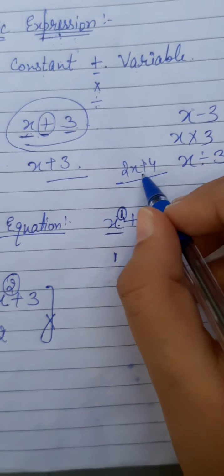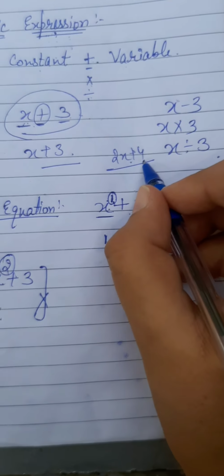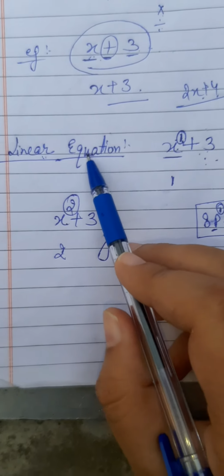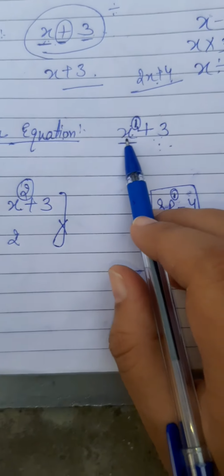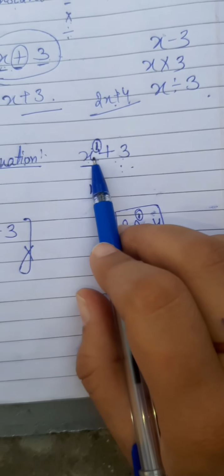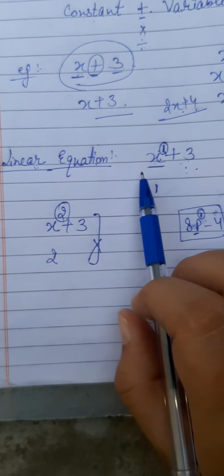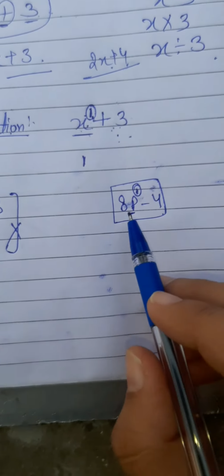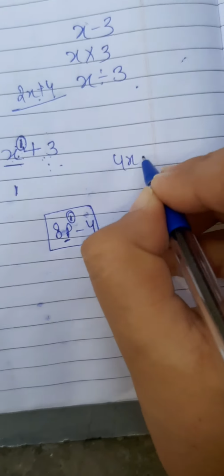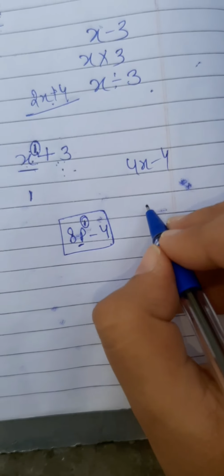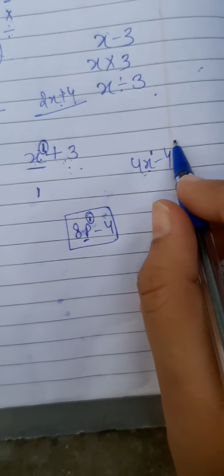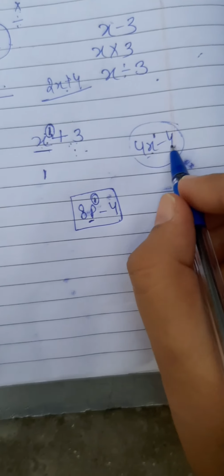These are algebraic expressions. Next definition is linear equation. When the degree of the equation is 1, we call it a linear equation. You can take examples x plus 3, 8p minus 4, 4x minus 5. So the degree must be only 1. Then only this is a linear equation.